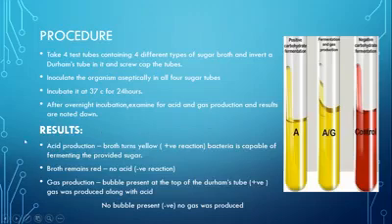So how will we interpret the results? If the acid production is visible, that means the broth has turned yellow. The reaction is considered positive, and that shows that the bacteria is capable of fermenting the provided sugar.